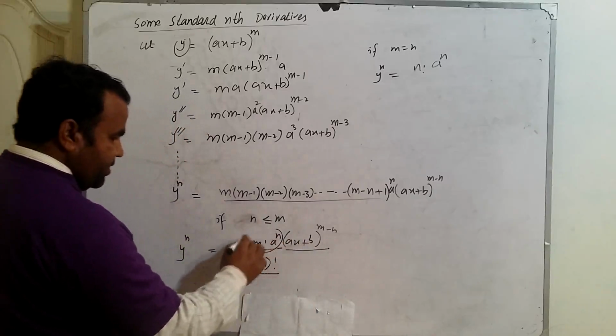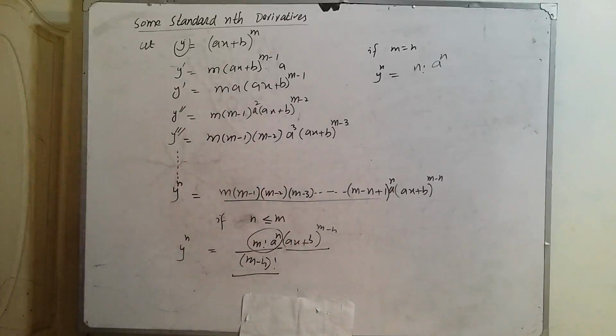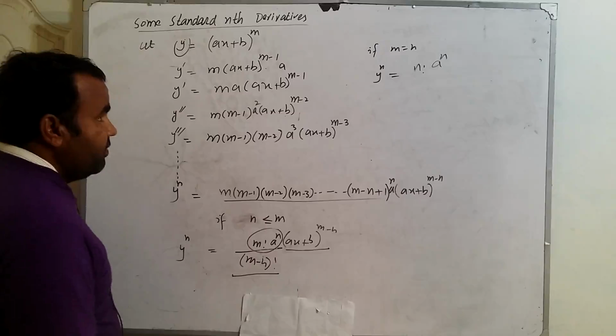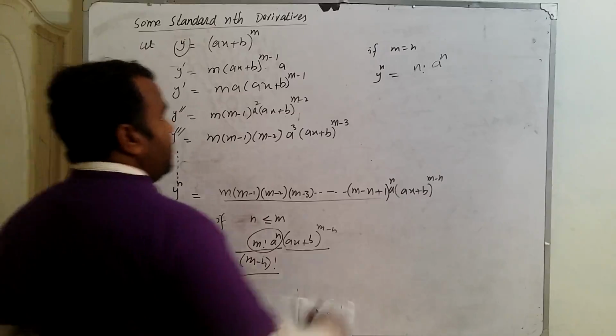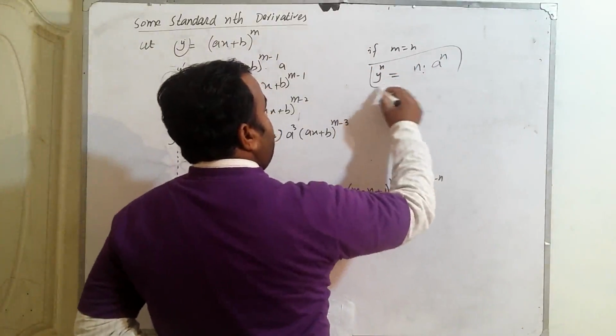So we are only left with n factorial. Okay, so this is the nth derivative when m is equal to n.